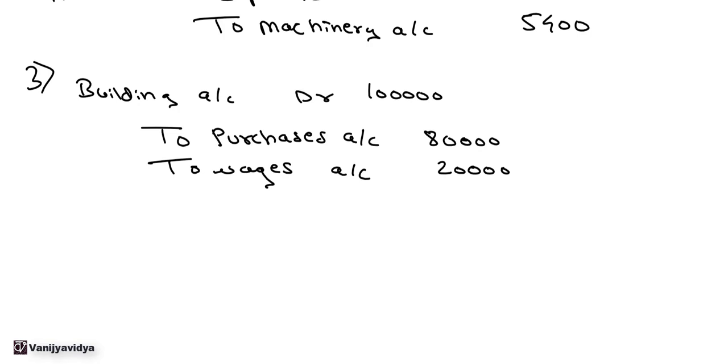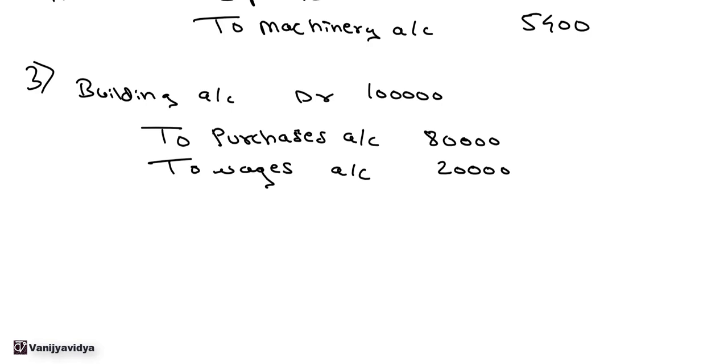So we are assuming that those materials were purchased during the year and they are not in stock. So we have credited the purchases account, that is we have reduced those from your purchases. Then those wages which were used for building, we have reduced it from your regular wages expenses, and we have added to the cost of building.